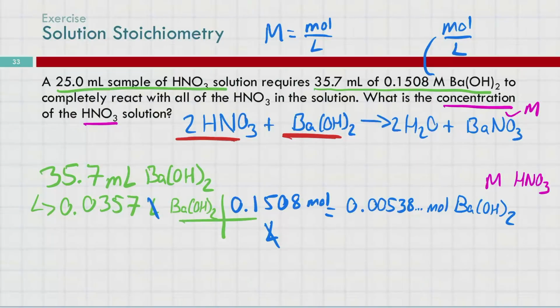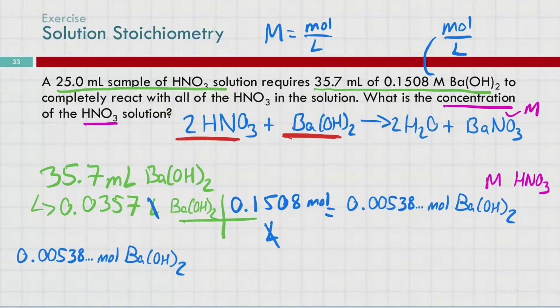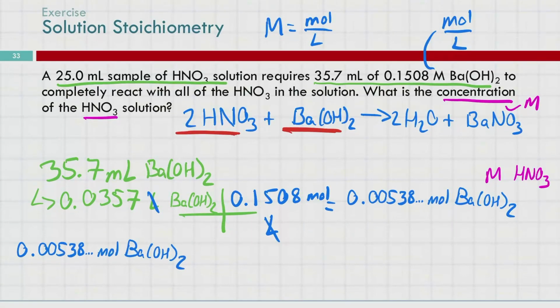So our ratio, this is the solution stoichiometry, or the stoichiometry part of solution stoichiometry. 1 barium hydroxide reacts with 2 nitric acids. So copying and pasting, our ratio is 2 HNO3 gets used up for every 1 barium hydroxide that we have.